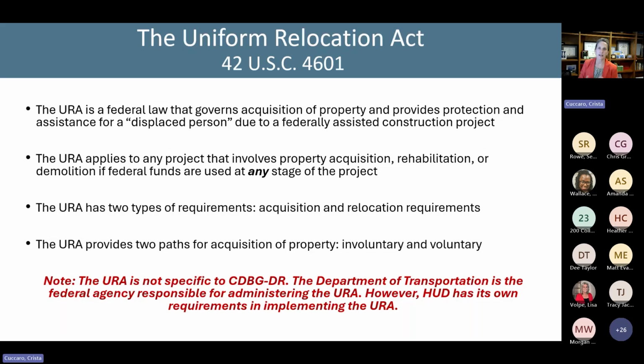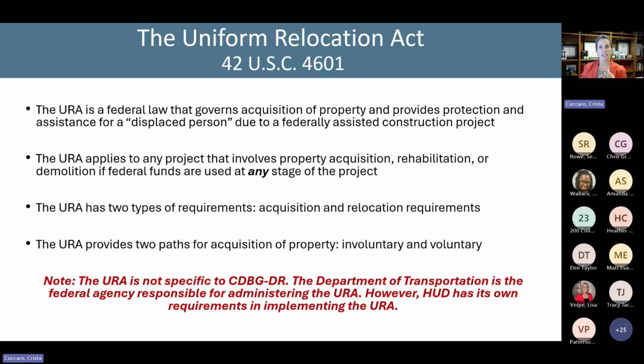And the URA has kind of two types of requirements, right? There's acquisition and relocation requirements. When we're talking about acquisition, we're talking about taking private property. And there's a whole body of law around takings, condemnation, eminent domain. But there are two ways that acquisition can occur under the URA.